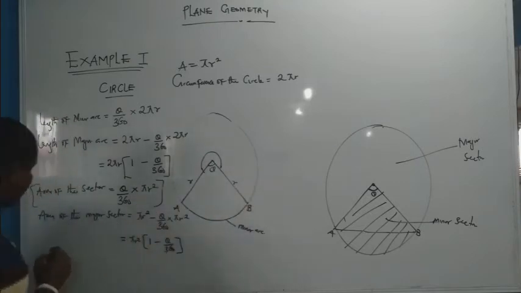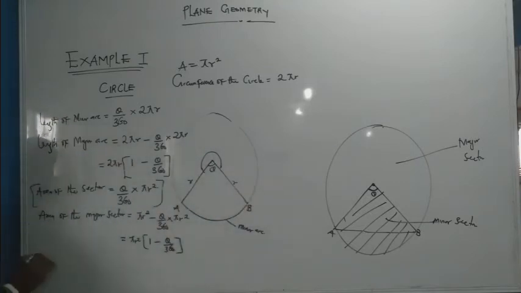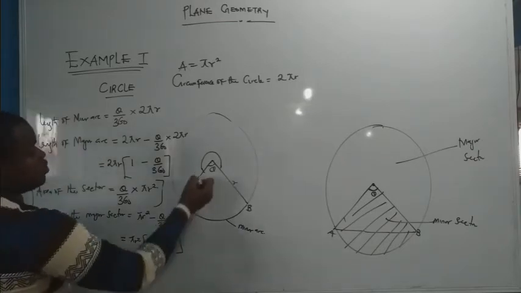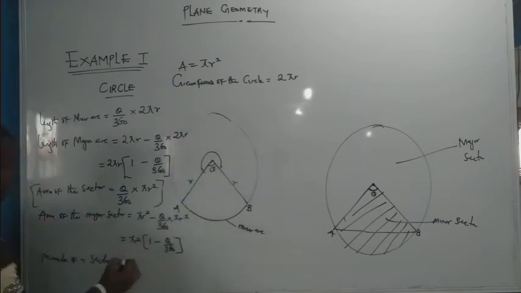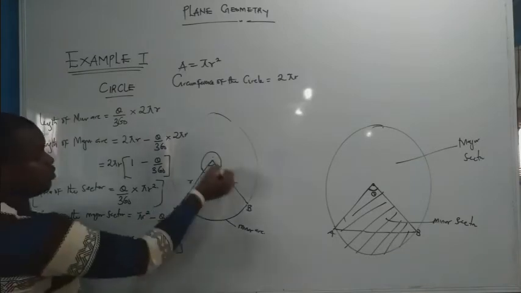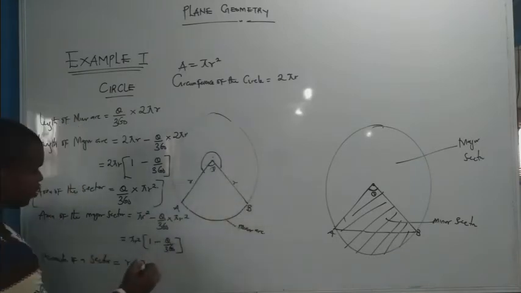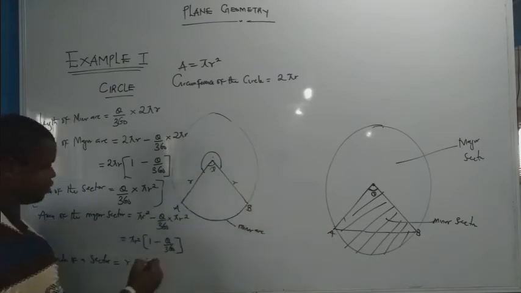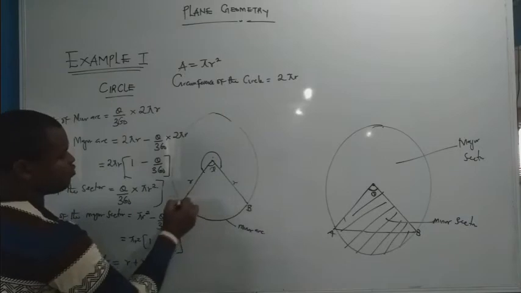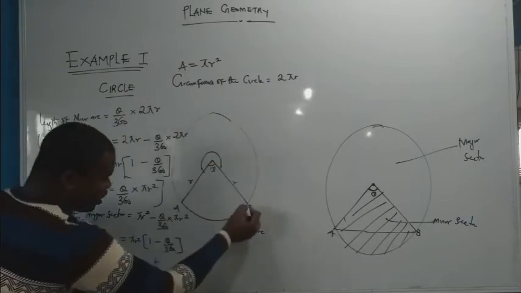So you add all the sides together, and the perimeter of a sector is equal to, from here to here, radius, plus from here to here, radius as well, then plus the length of an arc.